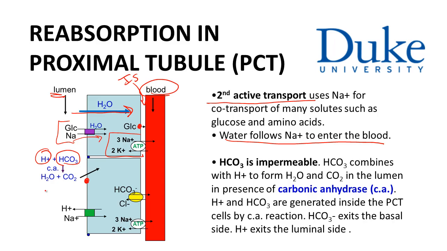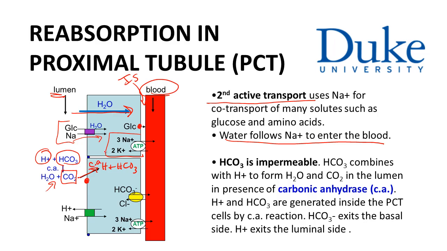Carbonic anhydrase, as you remember, will generate water and CO2 from a proton and bicarbonate. The proton and the bicarbonate cannot move into the cells, but the water and the CO2 can freely enter into the cells. Once they're inside, then we will regenerate the proton and the bicarbonate because there's carbonic anhydrase activity within the cells.